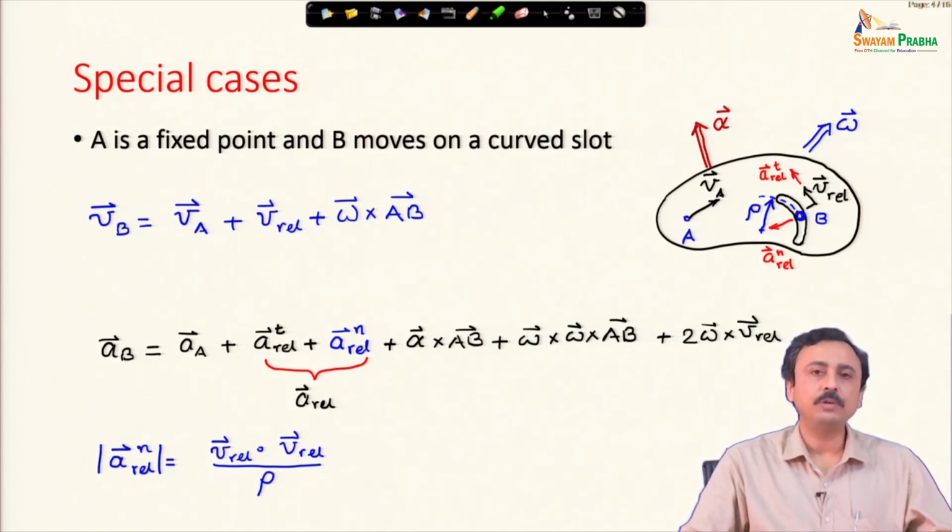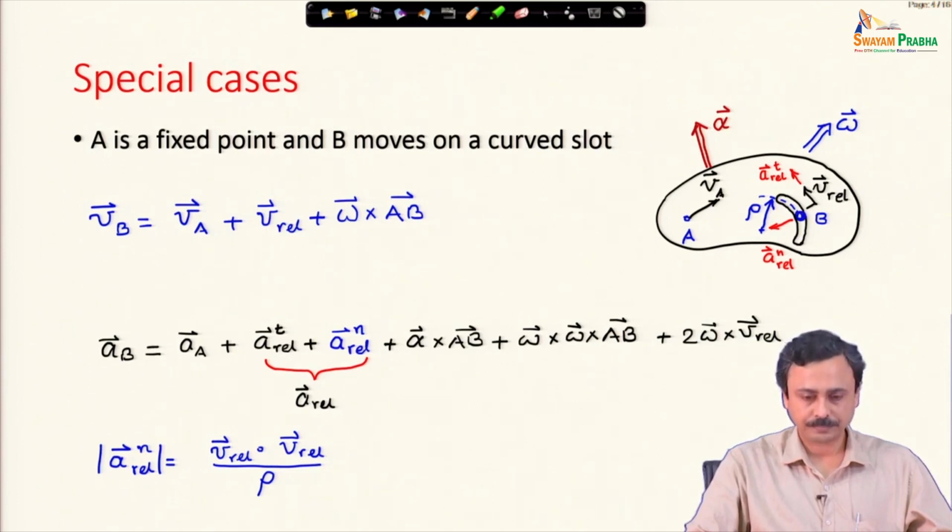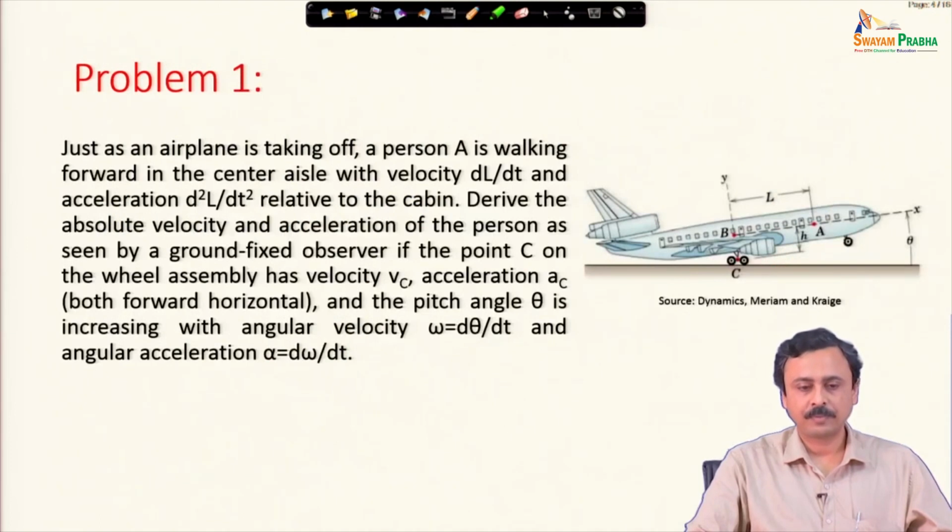So, VREL dot VREL by rho, if you want to write in vector notation. That is the magnitude, and the direction will be toward the center of curvature of the path. So, this is the expression.